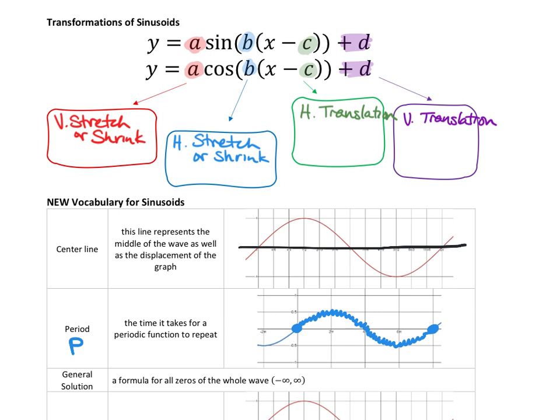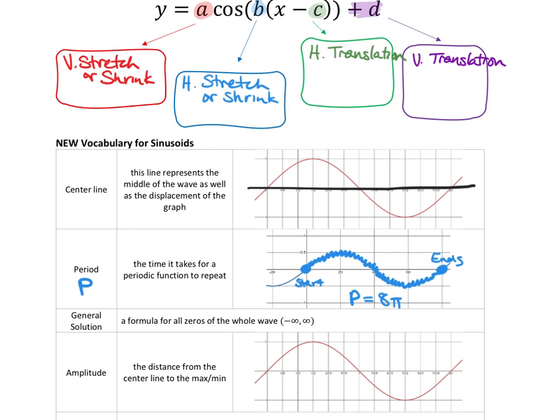So you would need to look for a repeating shape to decide that that is one period. So for this particular graph, if it starts at 0 and ends at 8 pi, then you'd say that the period is equal to 8 pi. I know those numbers are terribly small to see, but however long it takes for the shape to repeat itself is the period. Now there is a formula for period that you will need to know.